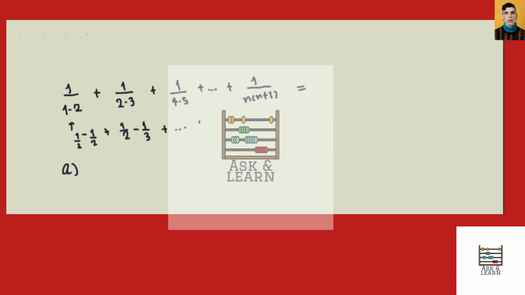So until the end here, it will be 1 over n minus 1 over n plus 1, right? And everything in between is going to kill each other out, left with just the first and the last term. So this should be our formula that we found. So to answer the first question, this is the formula for this sum.